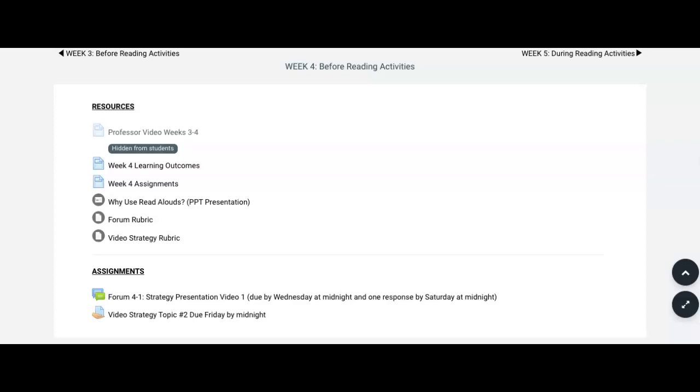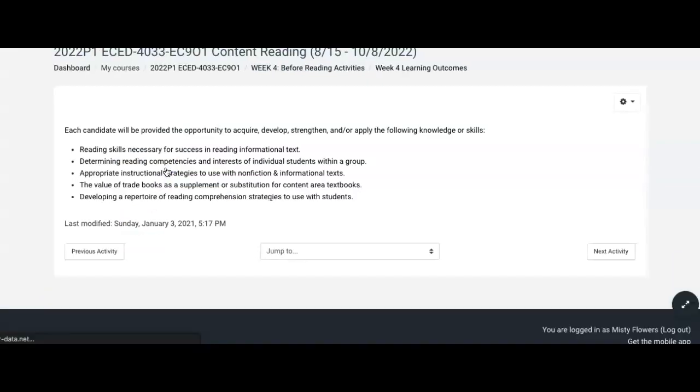Hello. I cannot believe that we are beginning week 4. We're still talking about before reading activities, but by the end of this week, you will have learned about the reading skills necessary for success in reading informational text, determining reading competencies and interests of individual students within a group, appropriate instructional strategies to use with nonfiction and informational texts, the value of trade books as a supplement or substitution for content area textbooks.